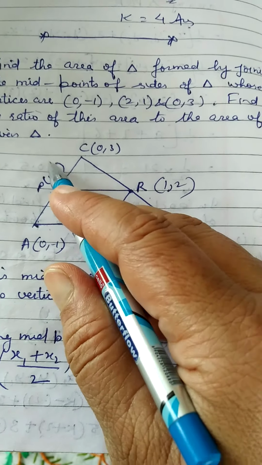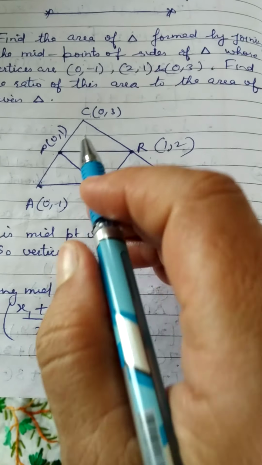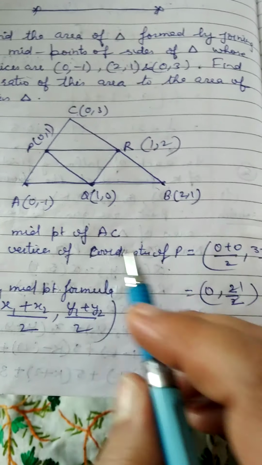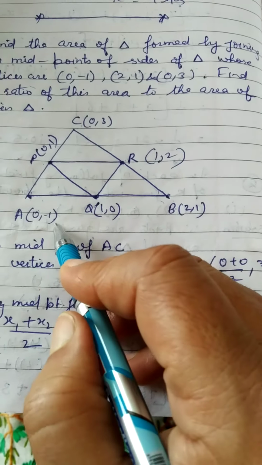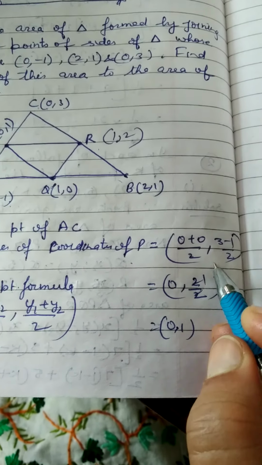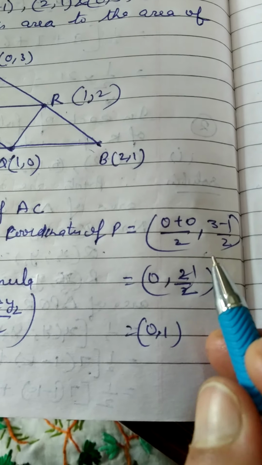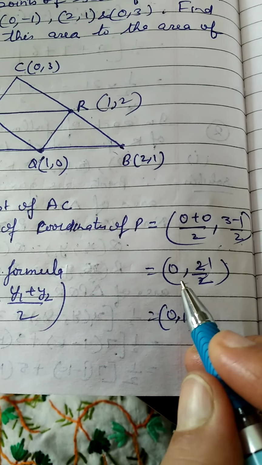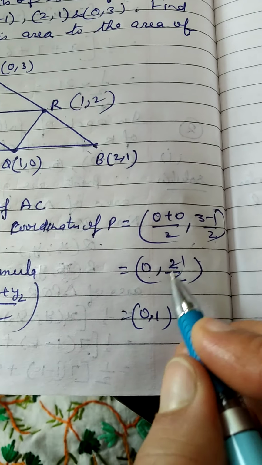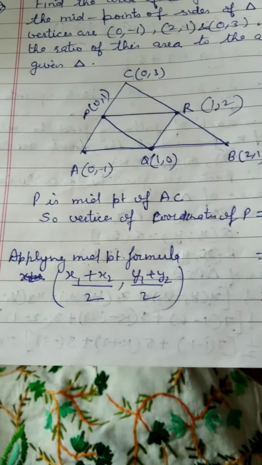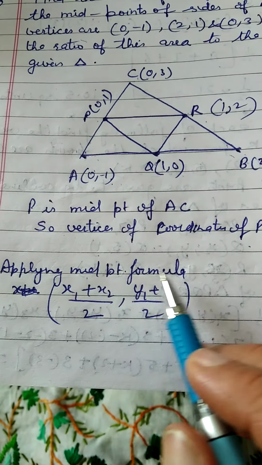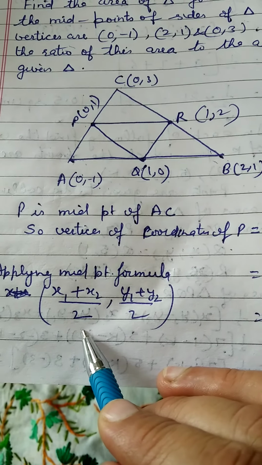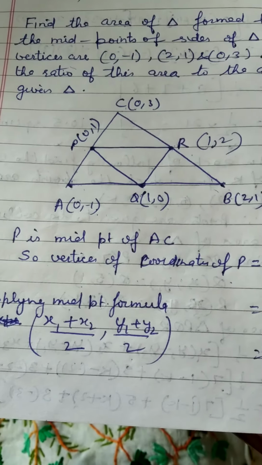So the coordinates of P will be (0 plus 0) divided by 2 and (-1 plus 3) divided by 2. Then it comes to be (0 plus 0) by 2 and (3 minus 1) by 2. 3 minus 1 is 2, then 0, 2 by 2, so (0, 1). The formula applied to find the midpoint is (x1 plus x2) by 2 and (y1 plus y2) by 2.